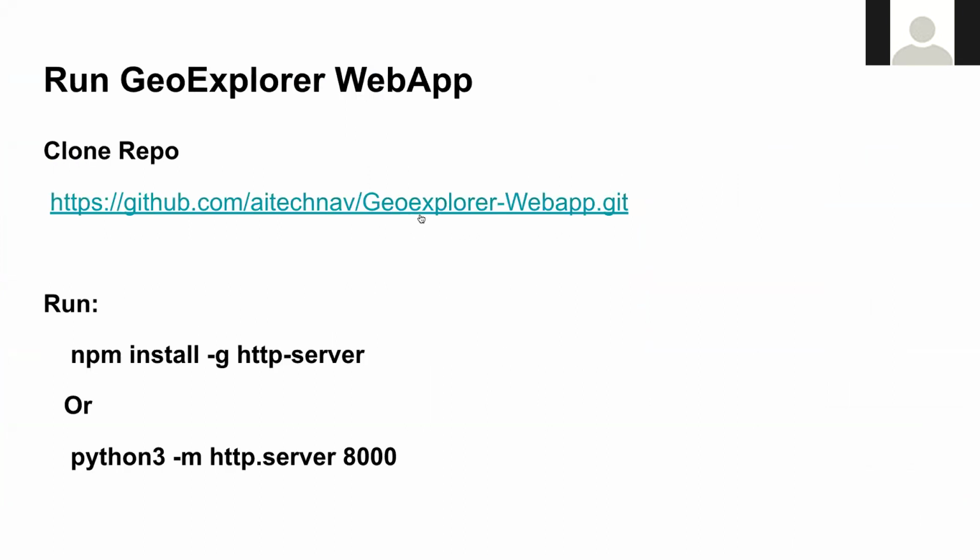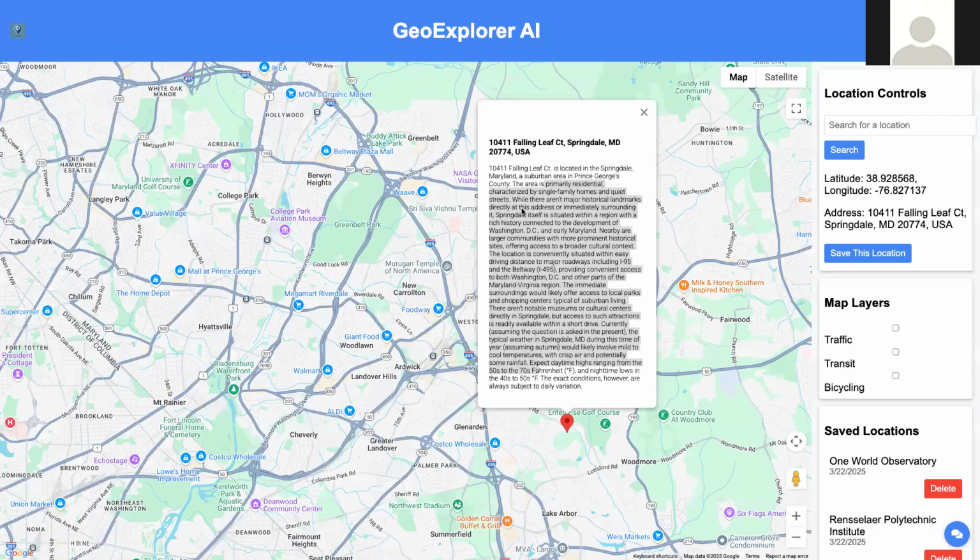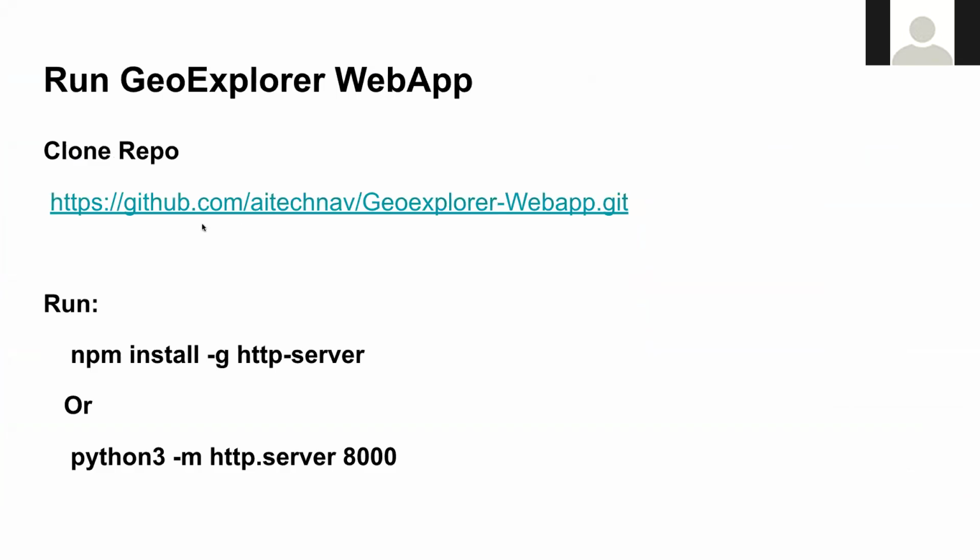So now the next step is cloning the repository. Before that, or maybe we can get the Google Maps API after the cloning. So you just select this repo, github.com, AI TechNav, Geo Explorer web app.